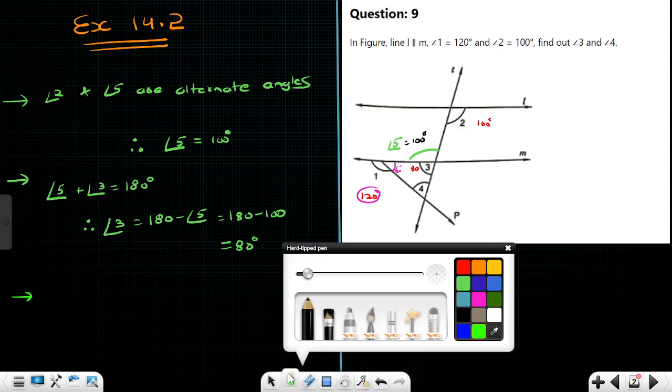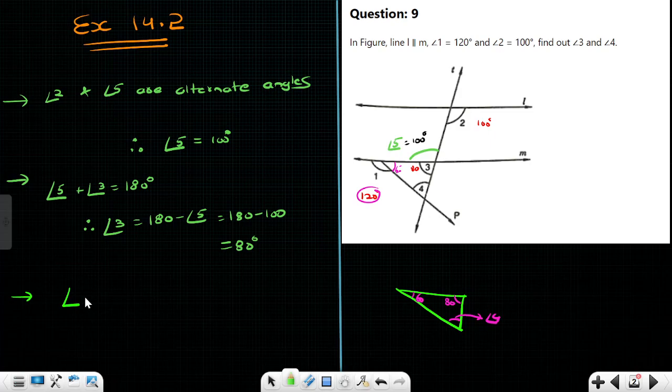So angle 4 is equal to 180 degrees minus (60 plus 80). So 180 minus 140, that's going to be 40 degrees. Very simple question, note down carefully.